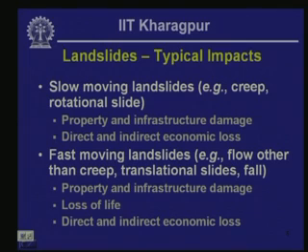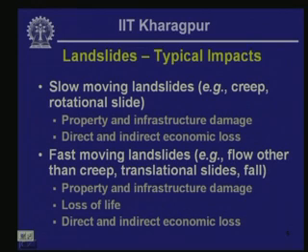So, that could damage houses or other structures constructed within the potentially unstable mass, or a highway for that matter constructed across the mass through which the landslide is moving.